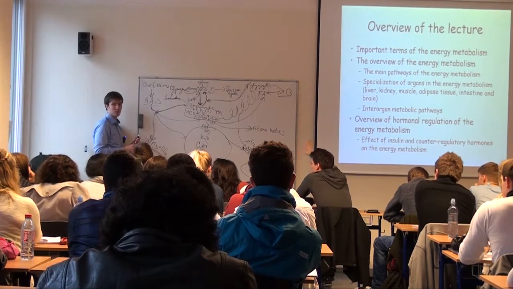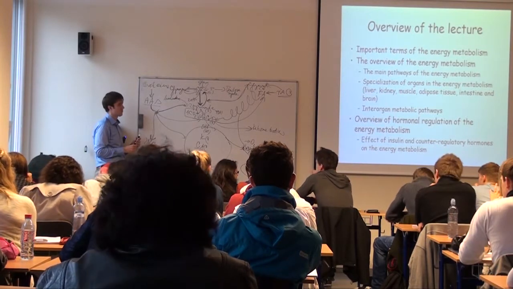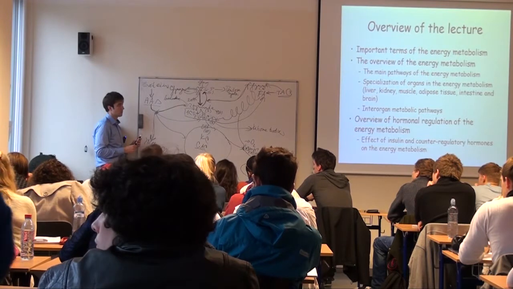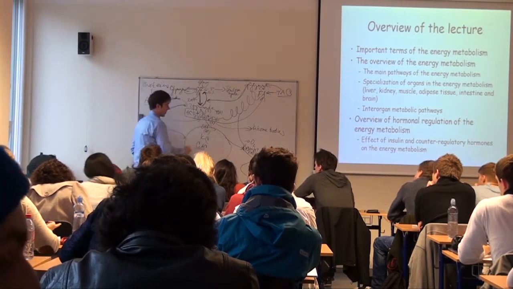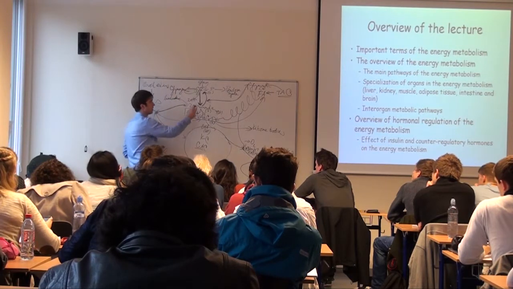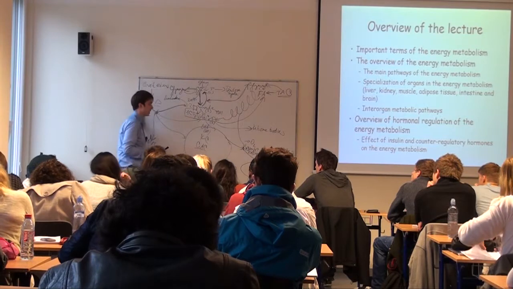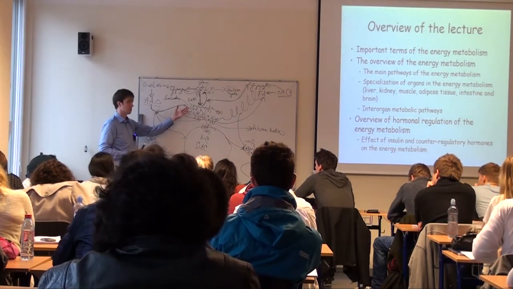So some questions? Just how the glycolysis depends on the Krebs cycle, how much it depends on the Krebs cycle too. The problem is that if you stop the Krebs cycle, then all these pathways that feed the Krebs cycle have to stop. Yes?